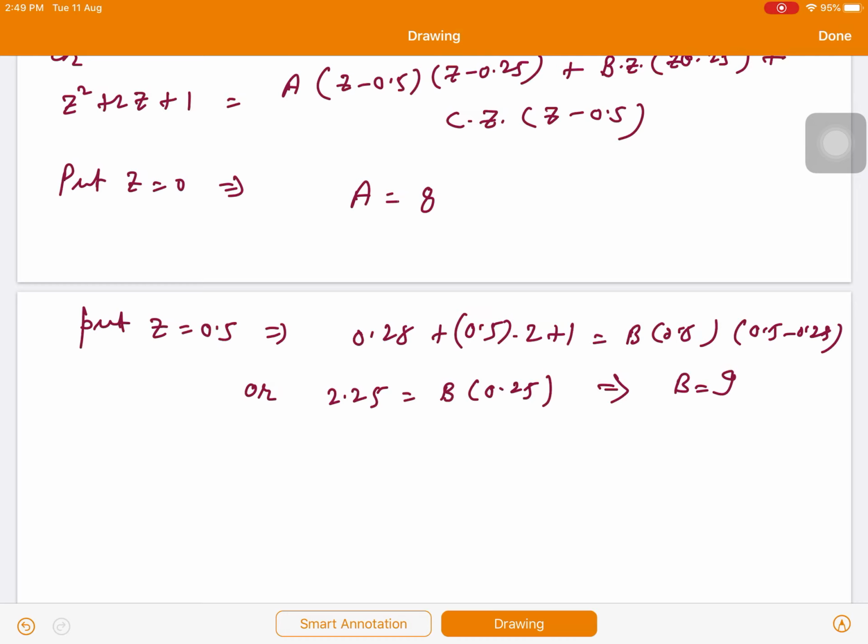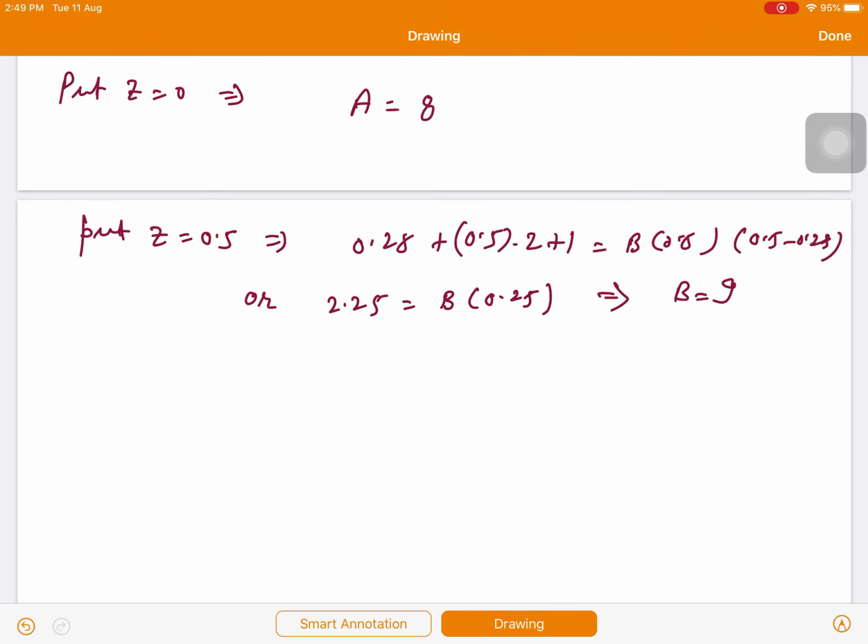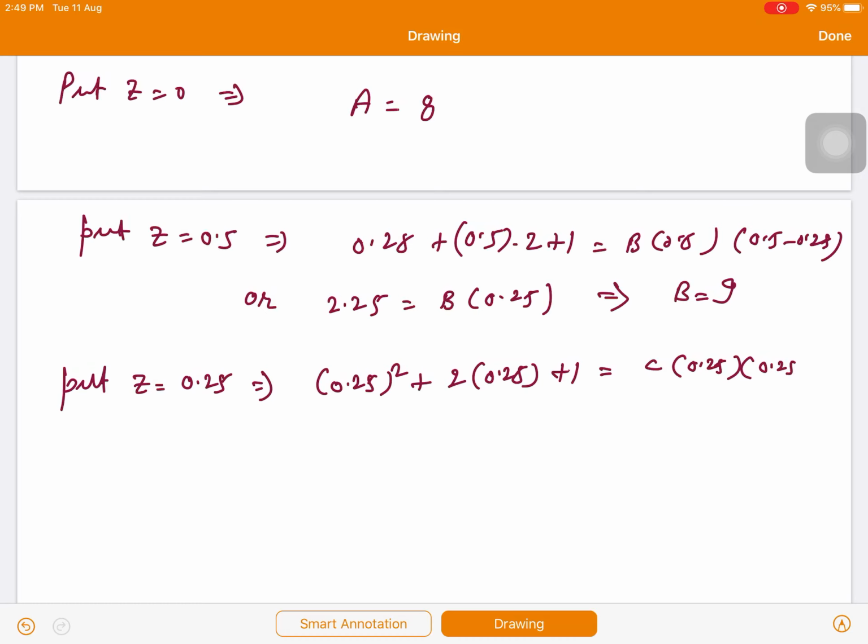Okay, and for the last one, put z equal to 0.25. So just put it in the equation: 0.25 whole square plus 2 into 0.25 plus 1 equal to c into 0.25, into 0.25 minus 0.5.